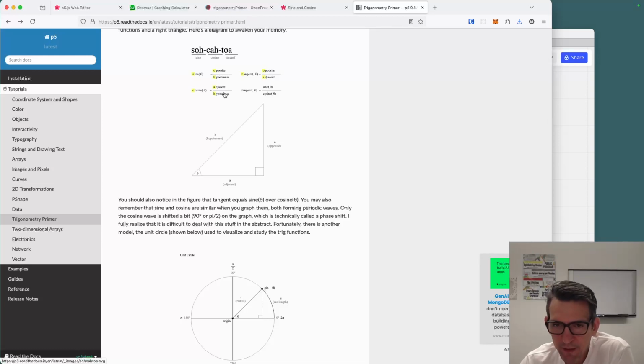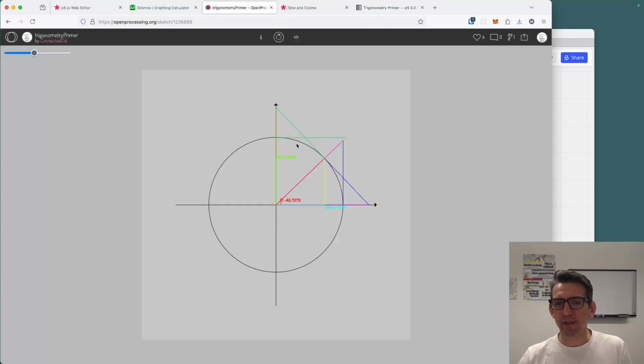But remember how we talked about thinking about our circle as a unit circle. What that means is that I just assume that this hypotenuse, or the radius, is equal to 1 of something. Maybe it's 1 meter, 1 foot, 1 mile. It doesn't matter.